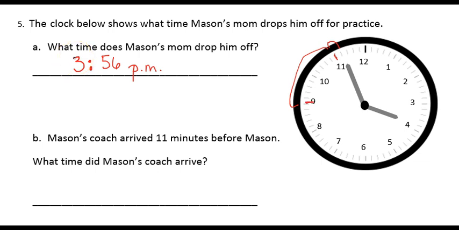Now, that means that this minute hand would be pointing to the 9. Well, what time is that? Well, I can see it's 15 minutes before 4 o'clock or 45 minutes after 3 o'clock. So Mason's coach arrived at 3:45 p.m. and that's 11 minutes before Mason arrived.